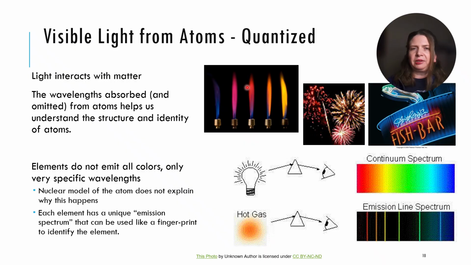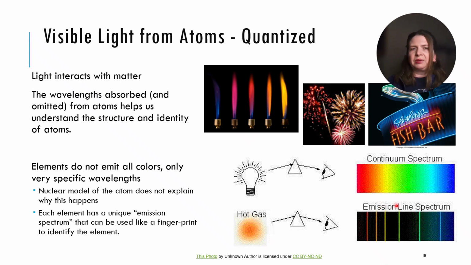To improve accuracy, scientists passed the emitted light through a prism, separating it into individual wavelengths. This revealed that each element produces a unique emission spectrum consisting of specific bright lines rather than a continuous rainbow. These emission spectra act like fingerprints for the elements.